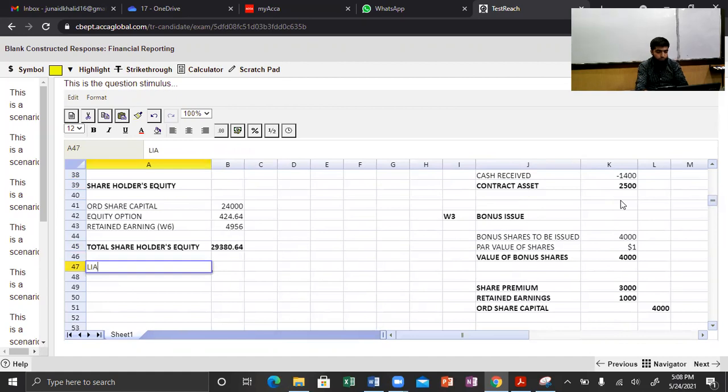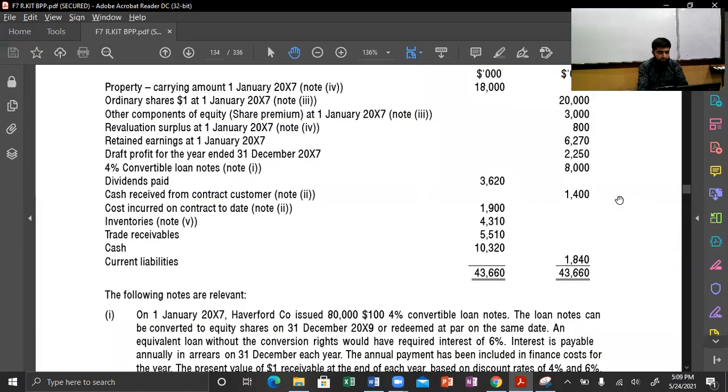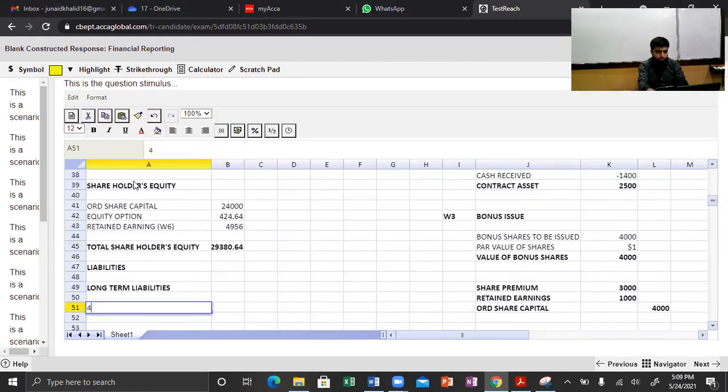Now let's move on towards the liabilities side. Liabilities and the long-term liabilities. So the long-term liabilities we do have in the trial balance is the loan notes, 4% loan notes.